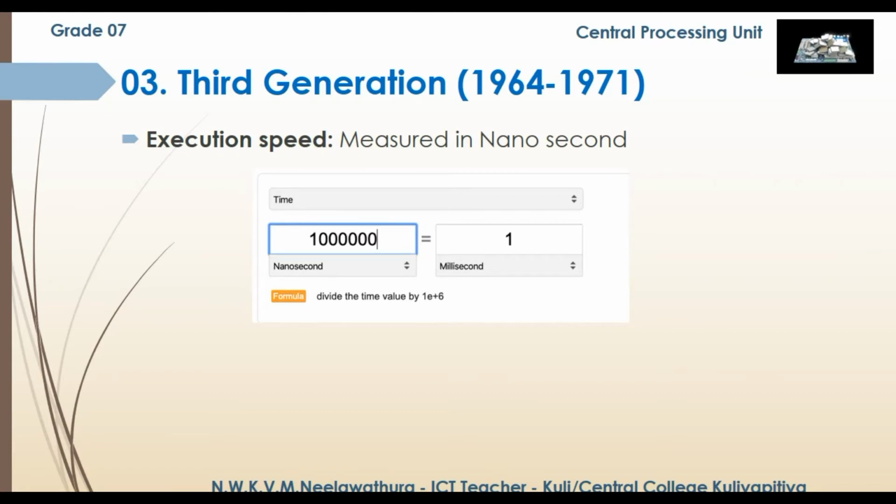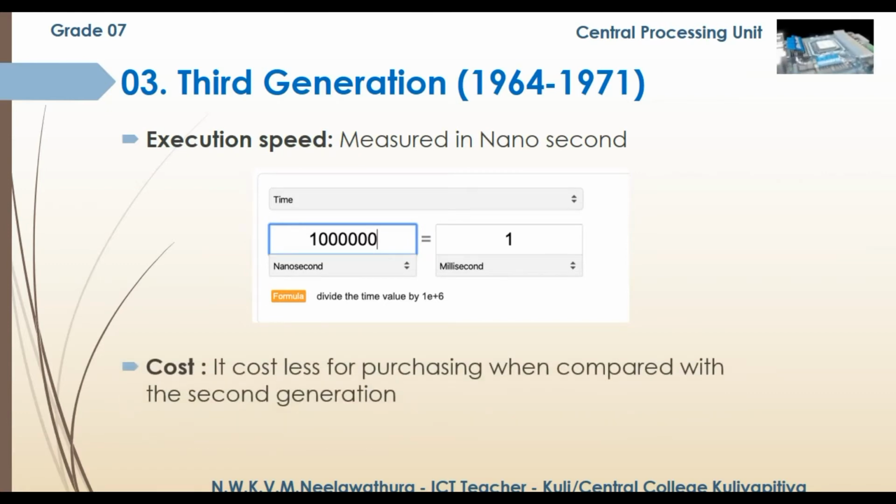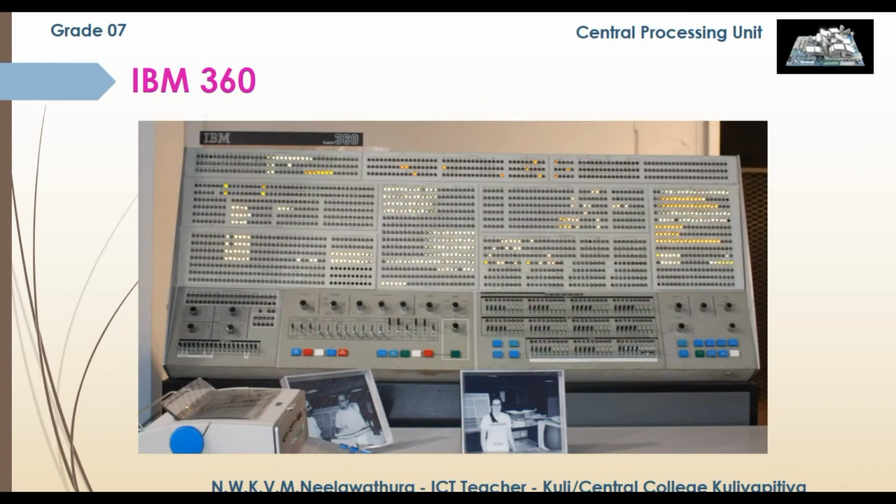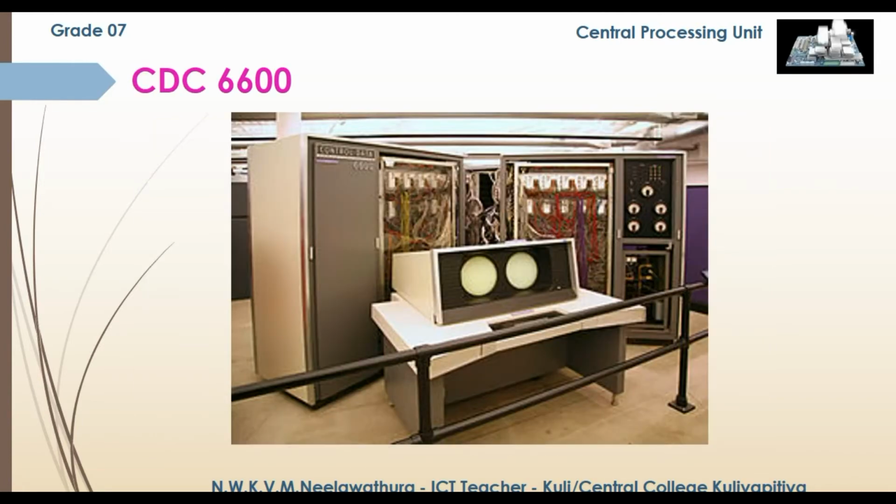Execution speed measured in nanoseconds. Cost: it cost less for purchasing when compared with the second generation. Examples for third generation computers: IBM 360, CDC 6600.